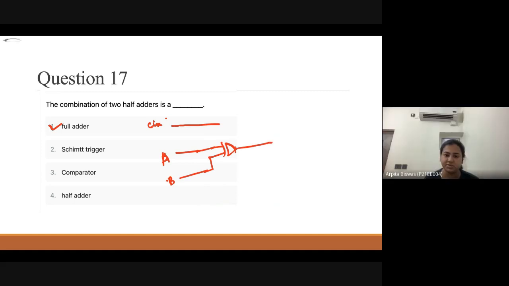Yes. So first the half adder, and then from there it is going to the XOR circuit. This is A XOR B XOR C in, right? This is the sum.